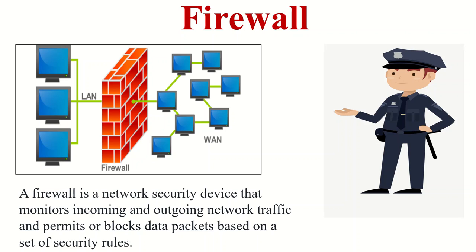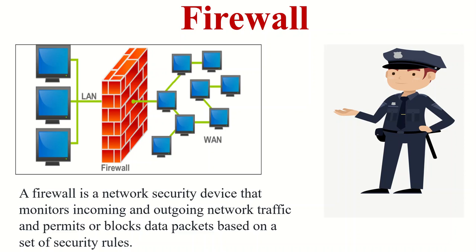First is firewall. Firewall is similar to a security guard. Whenever we see a security guard at the gate of a building or an organization, what does a security guard do? He simply keeps an eye on each and every visitor who is coming inside or outside the building or organization.